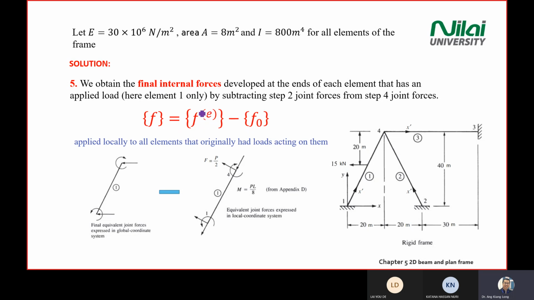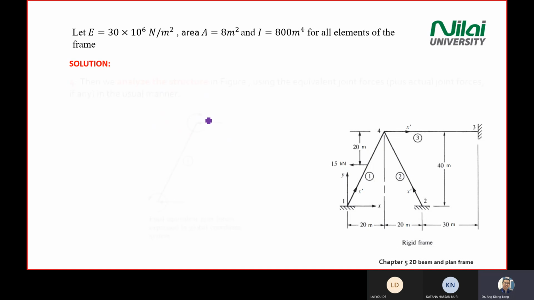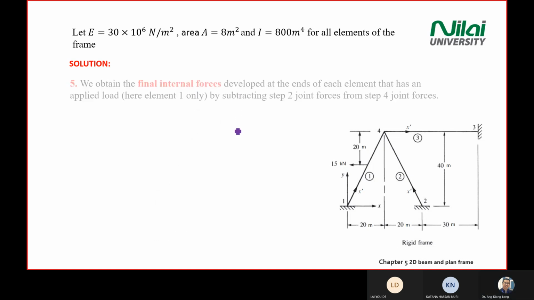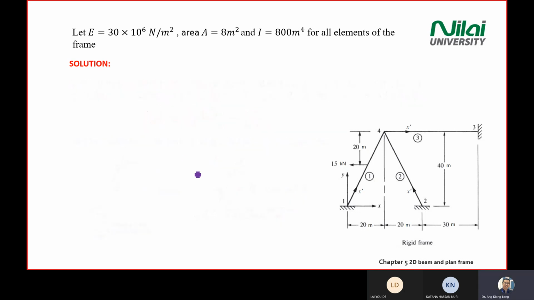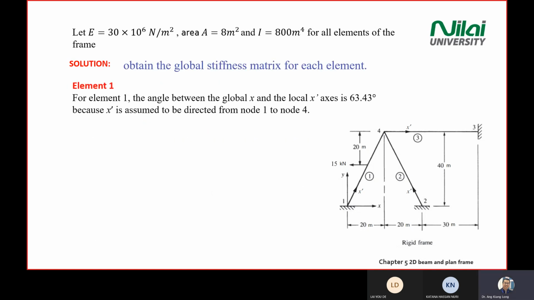After we find the element forces in step number 4, we subtract the forces we extract from Appendix D, then we get the internal forces. We will go through it in more detail now.